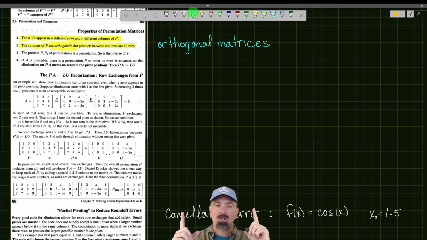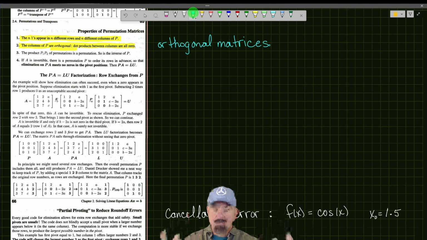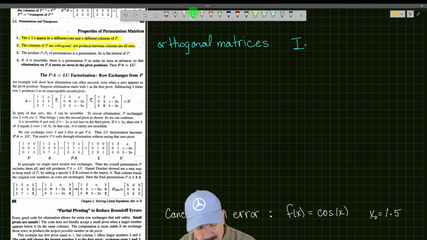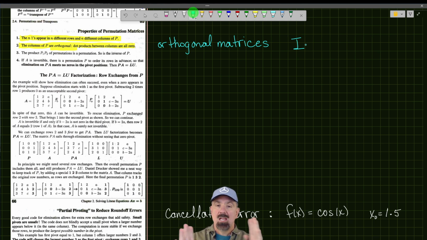Every column is orthogonal to every other column. Obviously, the identity matrix is that way, but every permutation matrix is also that way. And again, this is pretty straightforward to see. If we start with an orthogonal matrix and all we do is swap the columns around or swap the rows around, then we would expect the matrix to continue to be orthogonal, and it is.